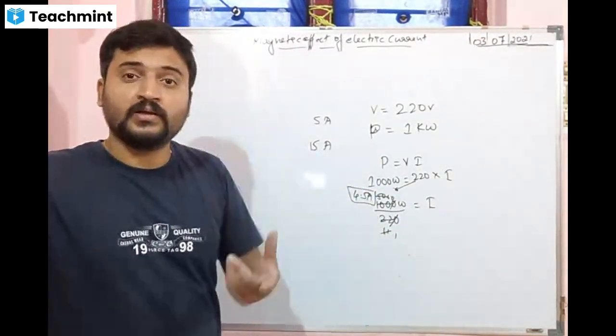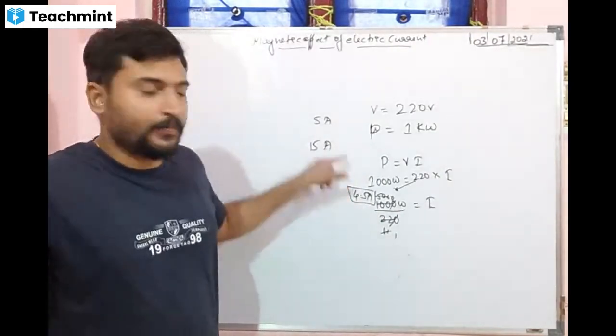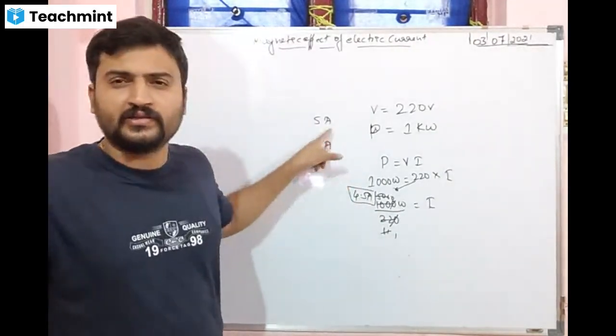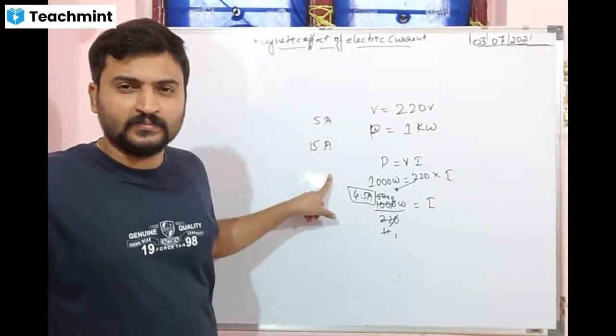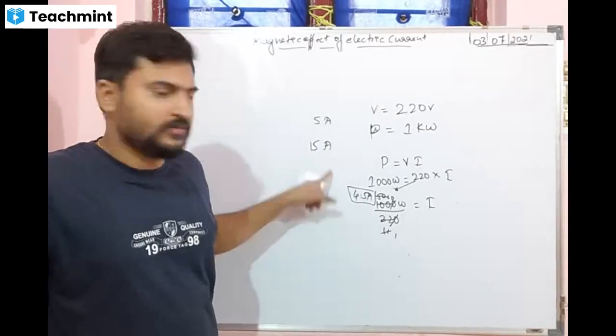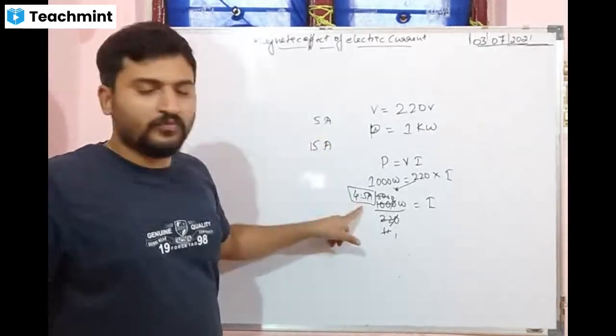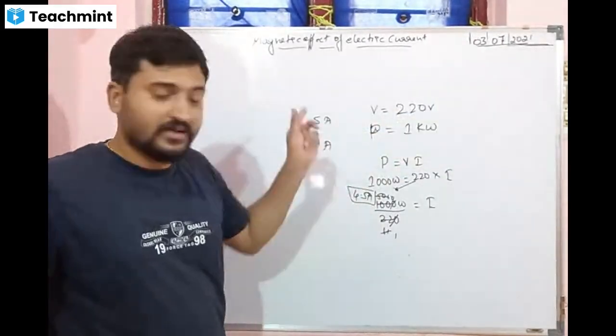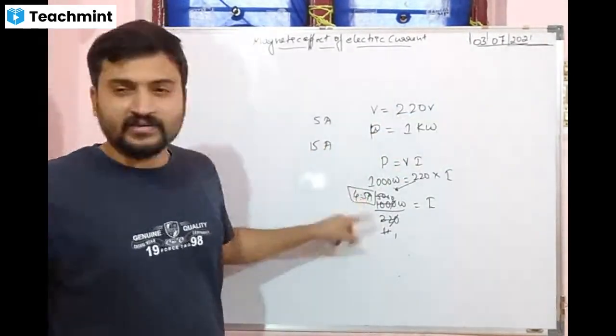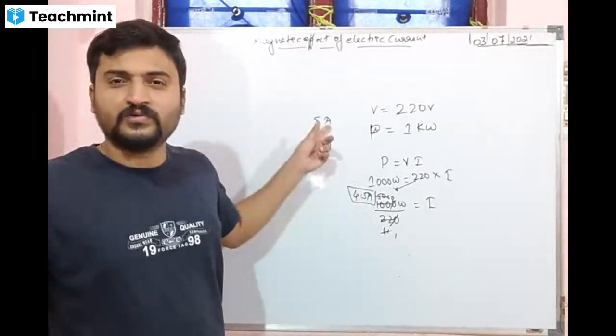So what fuse will you suggest? Will you say 5 ampere or more than this? 5 ampere. Yes. If you take 5 ampere, it is 4.5. Sometimes consider that 230 comes. If you get 230 there, current will increase and the fuse will blow.